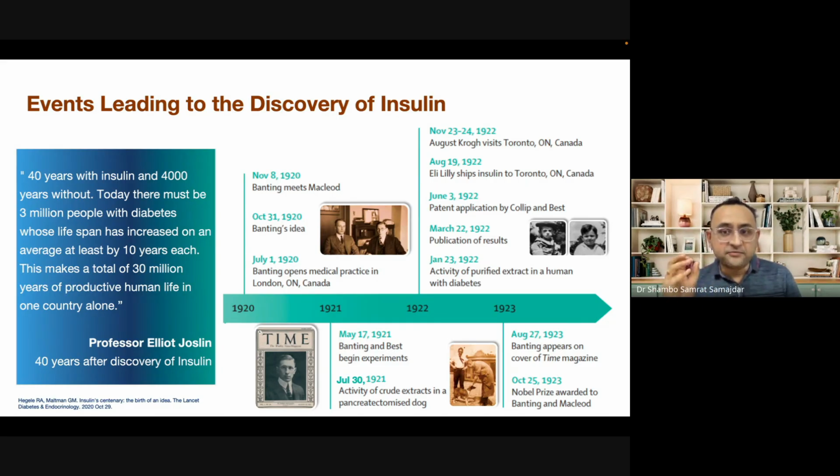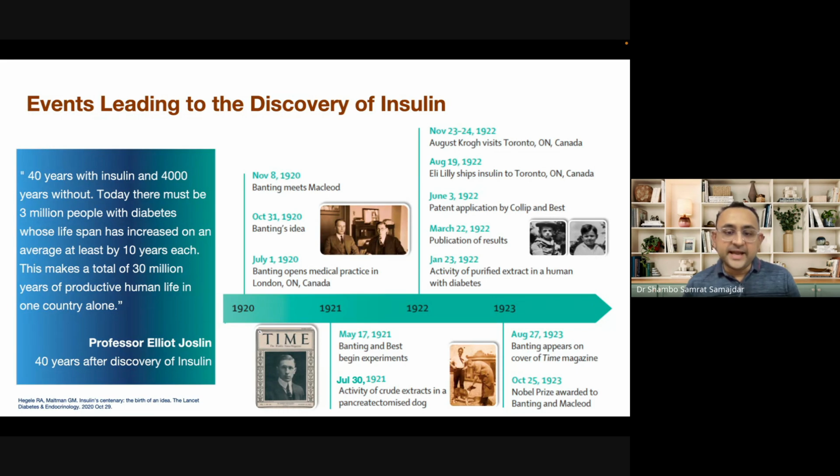Eli Lilly ships the insulin to Toronto, and the patent application was done with the help of Collip and Best. The publication of the results was in 1922, and on January 23, 1922, the activity of the purified extract in a human was first seen.